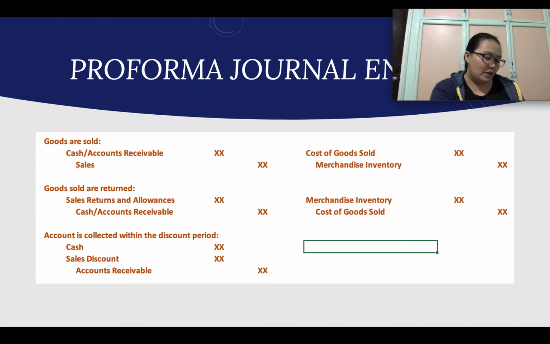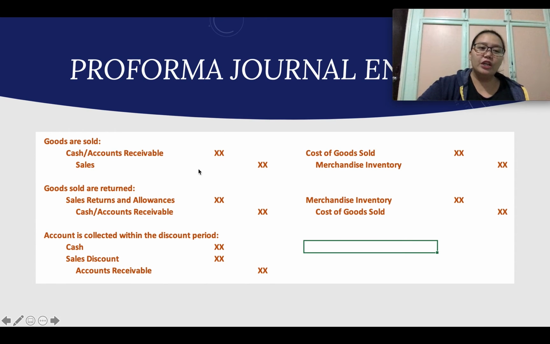So at the end of the period, when the owner asks you how much is my ending inventory under the periodic inventory system, you cannot answer right away. But under the perpetual inventory system, you can easily answer the owner if he or she asks how much is the ending inventory or the cost of goods sold at any given time.